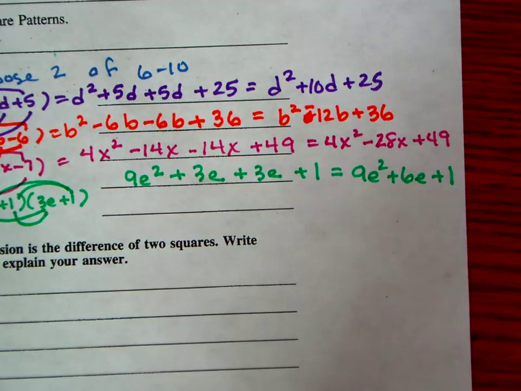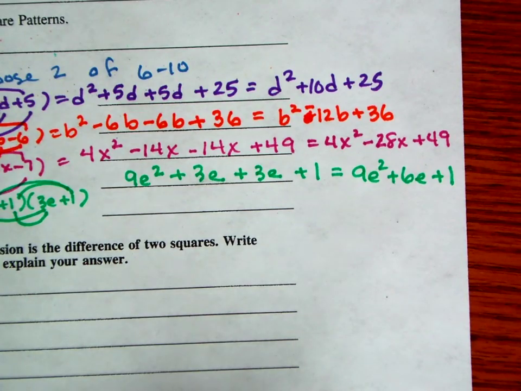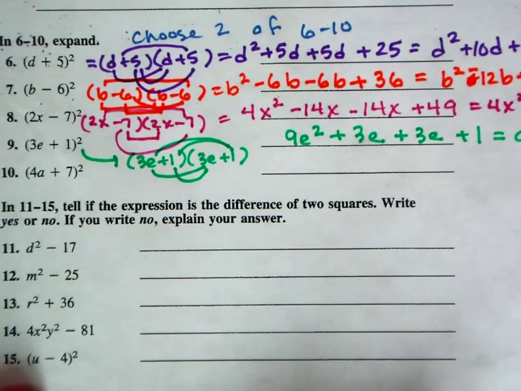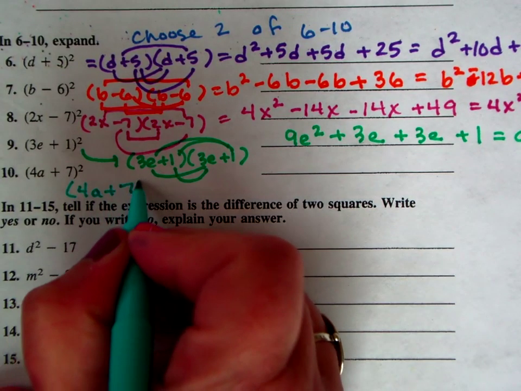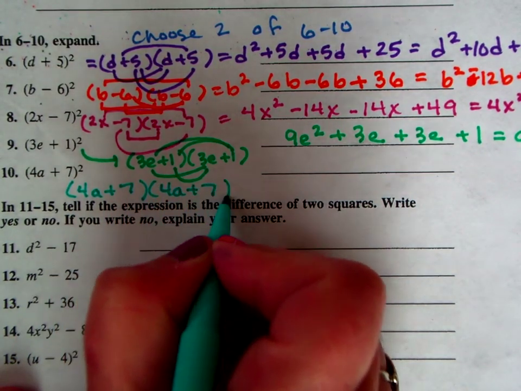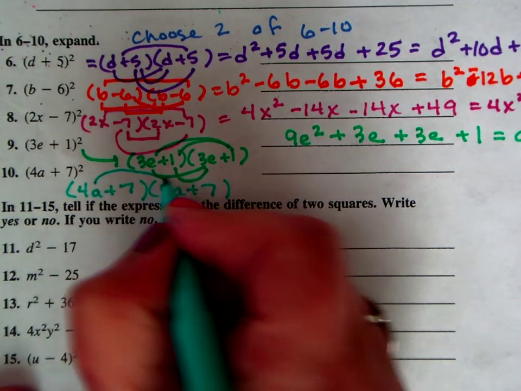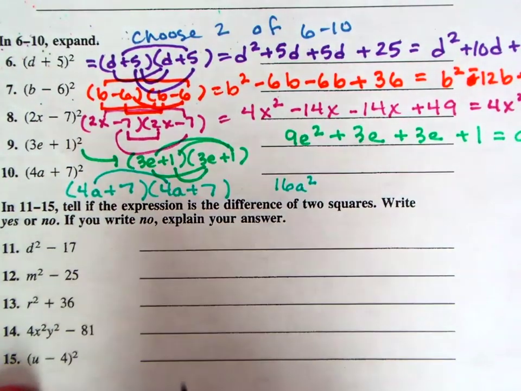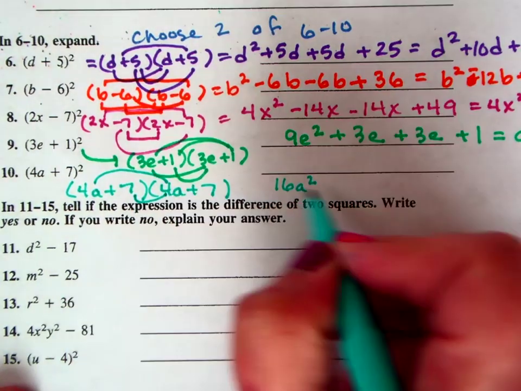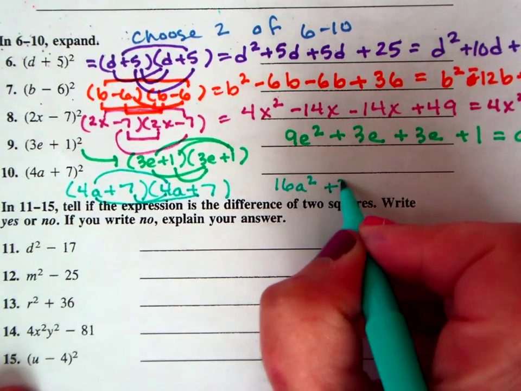Okay, very last problem, and then this whole assignment will be done. 4a plus 7, so we would do 4a plus 7 times 4a plus 7. And 4a times 4a is 16a squared. And 7 times 4a here is 28a.